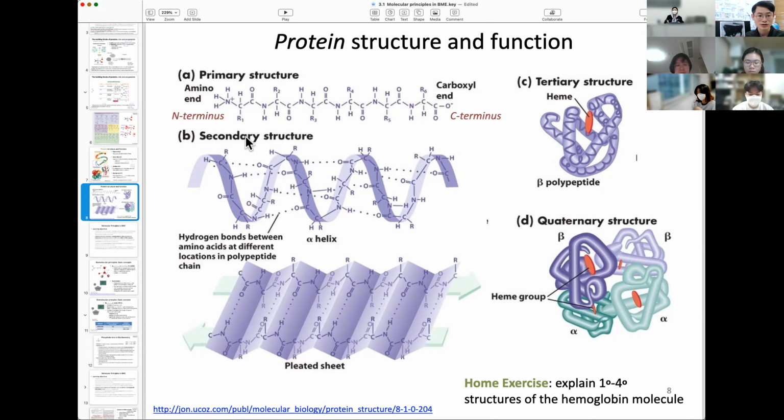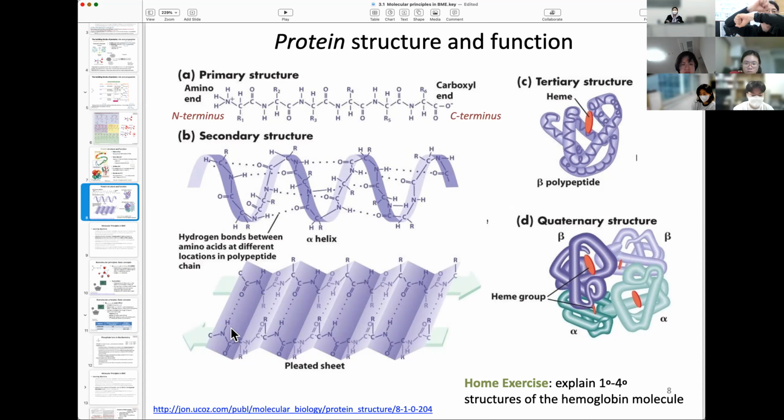In the secondary structure, you can see with these dots, this is actually hydrogen bonding, a partial positive and partial negative. They attract each other and exert a force to make a nice helical structure. The other interesting thing is, as you see, this arrow means the primary structure goes from N terminus to C terminus, so that's why it goes this way and the other this way, and you can see this hydrogen bonding formation.